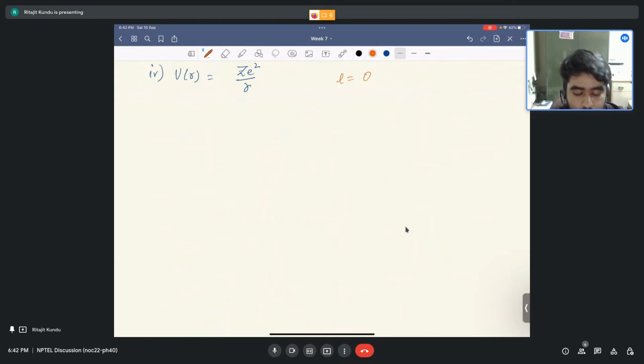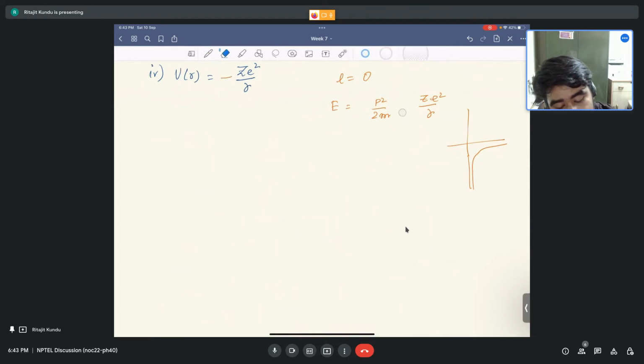So let's say angular momentum L is equal to 0, and let me write the energy as p square by 2m plus U(r), which is just z e square by r. Yeah, there should be a minus here.